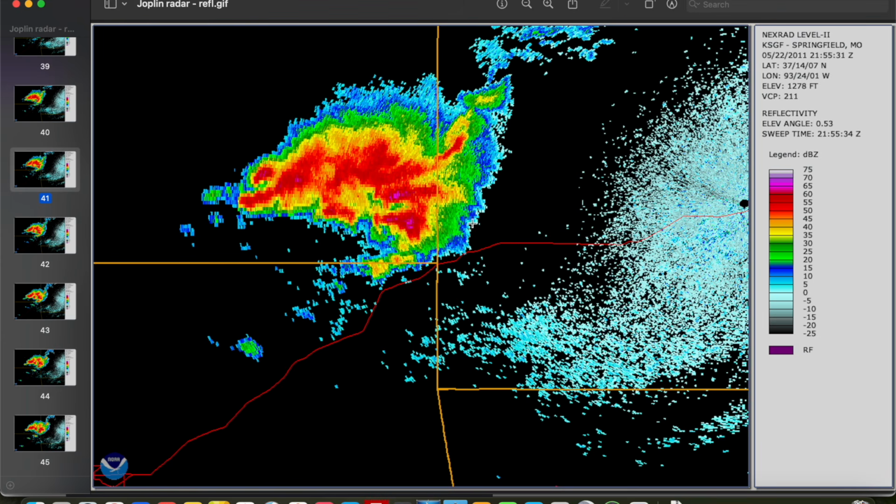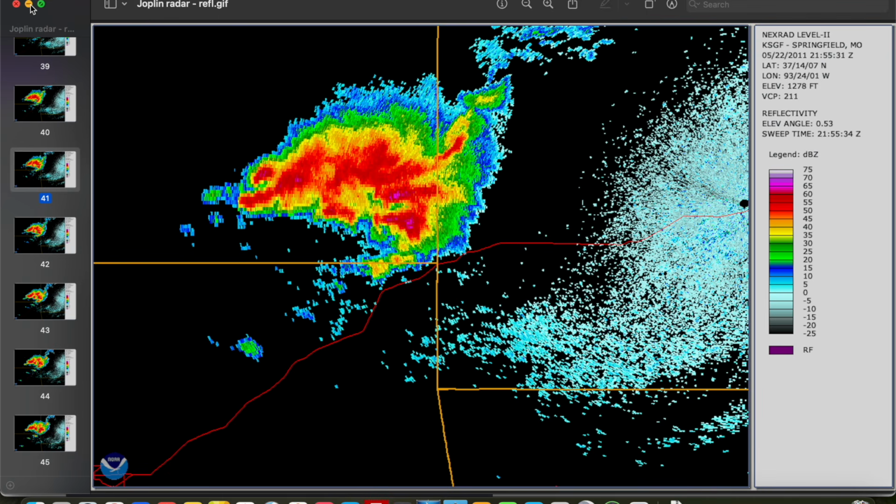And again, we could have had some external influences from that outflow boundary / gravity wave. Again, the jury's still out on that. There is some evidence that it may have extended back here into southwest Missouri, but it's a little bit muddy whether that was actually the case.